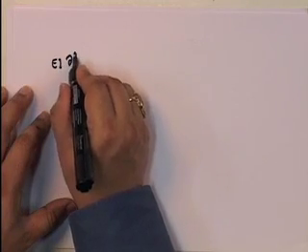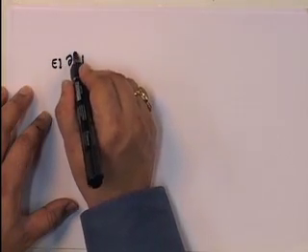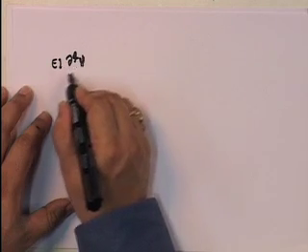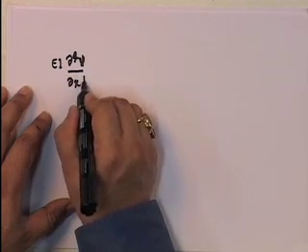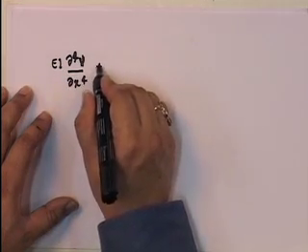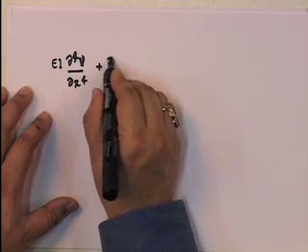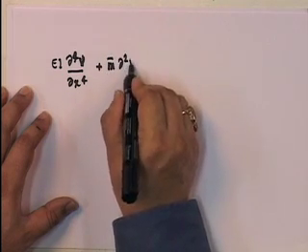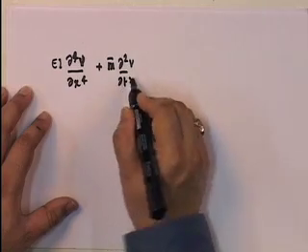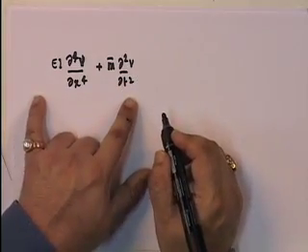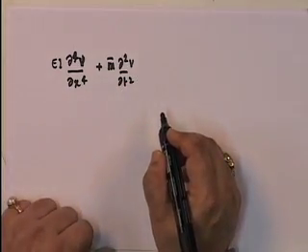If I rewrite this in the form that you are aware of, the equation of motion becomes the following: EI del fourth v upon del x fourth plus m bar del squared v by del t squared. That is the simple motion.